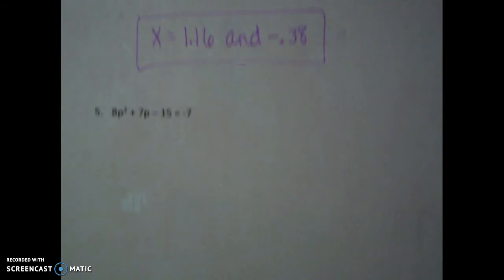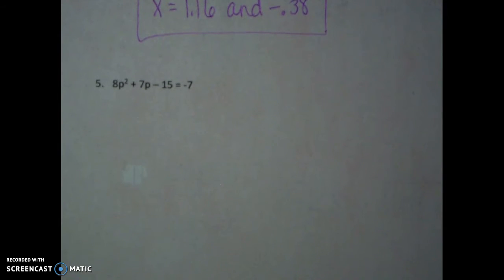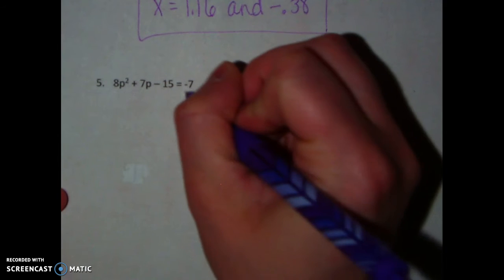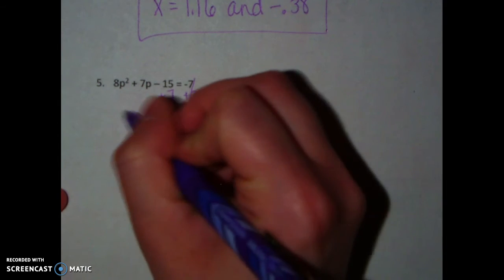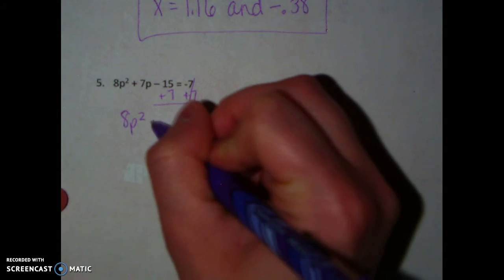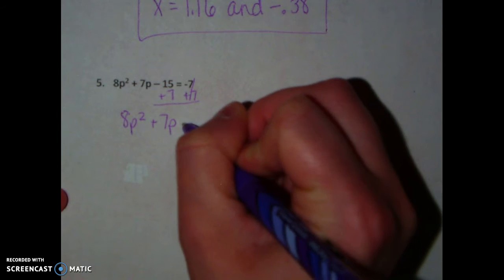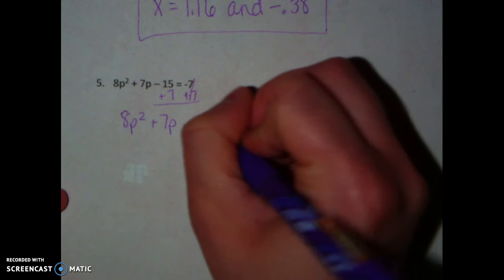On number 5, you've got to move that negative 7 over first, so you get it set equal to 0. So add 7. So 8p squared plus 7p, I believe that's minus 8, yeah, equals 0. Okay, now I start the formula.